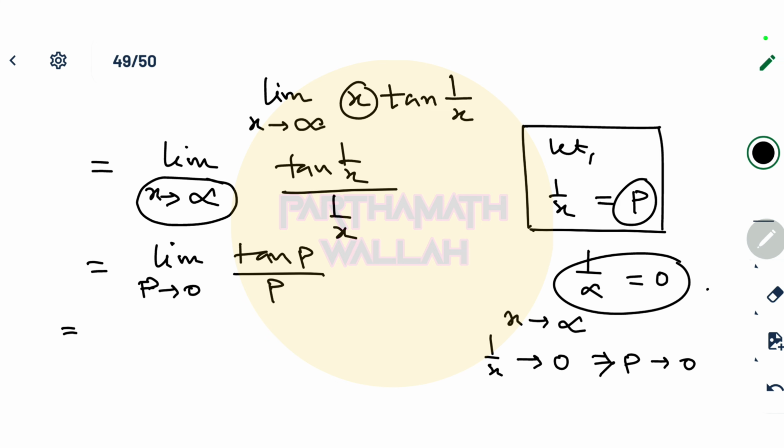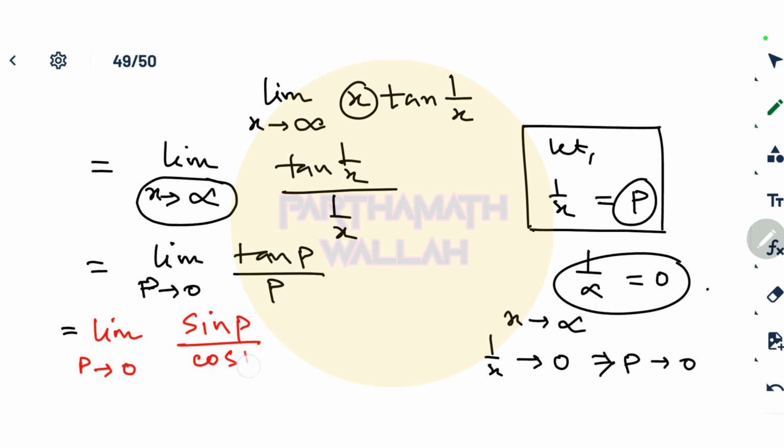Now take the main step here: limit p tends to 0, tan p is sin p by cos p, and the previous 1 by p is there.